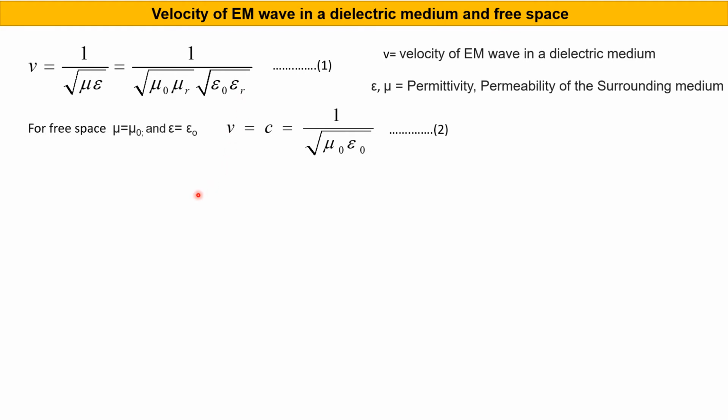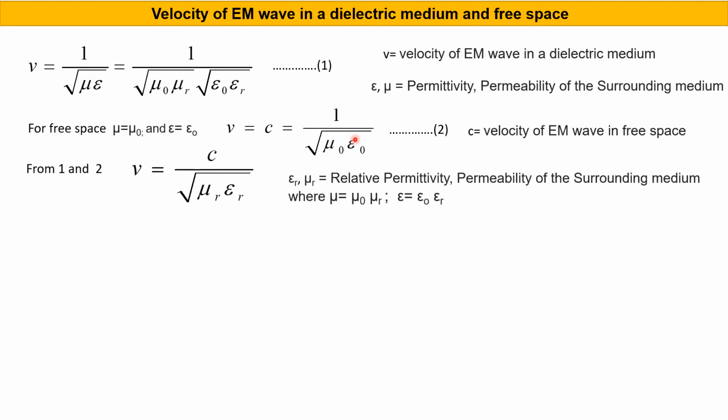For the propagation of the electromagnetic wave in free space, mu is equal to mu 0, and the velocity in free space will be 1 by root over mu 0 epsilon 0. So from 1 and 2, in a dielectric medium the velocity can be written as the velocity of the electromagnetic wave in free space divided by root over the relative permeability and the relative permittivity.